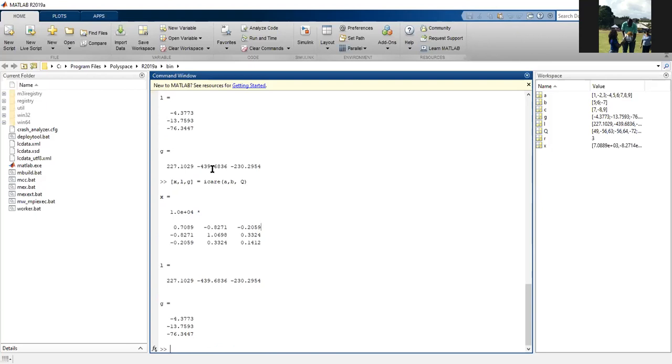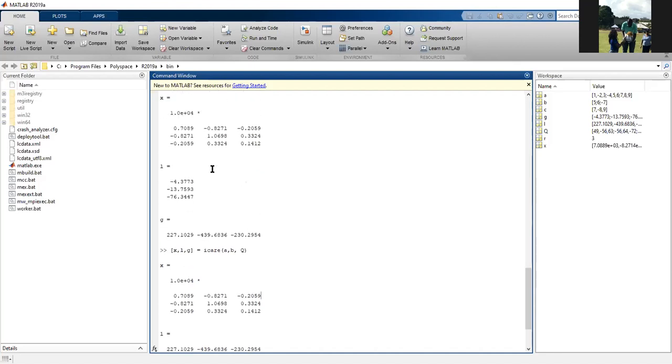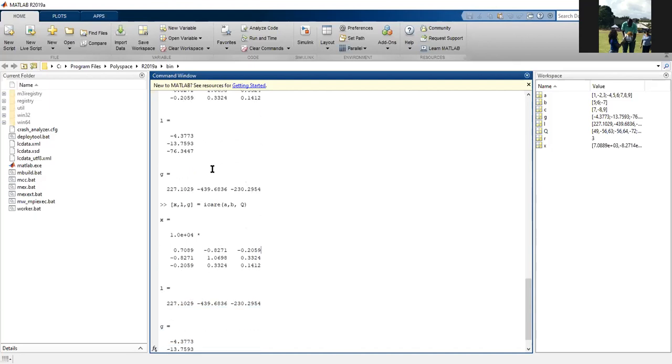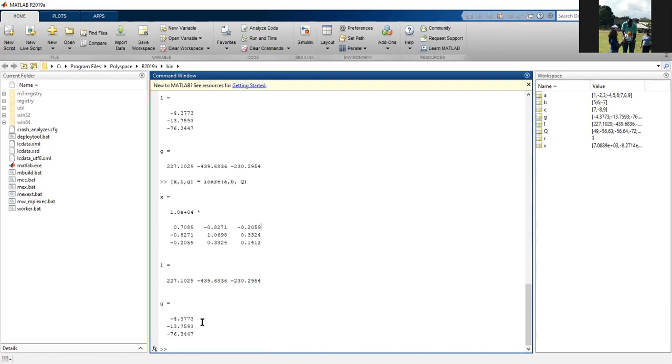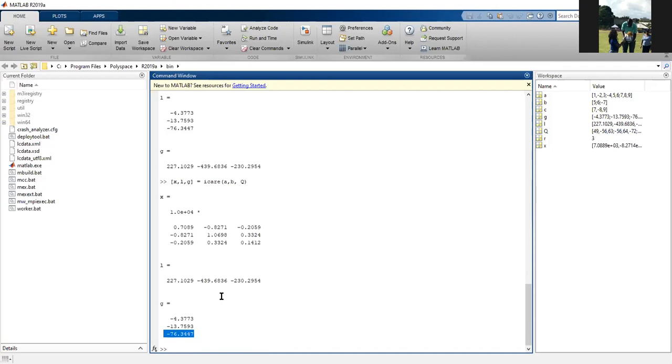But according to them, icare is supposed to give different numbers. No, the gains are the same. G is the same. Wait, which one?